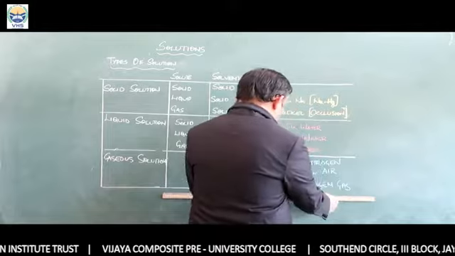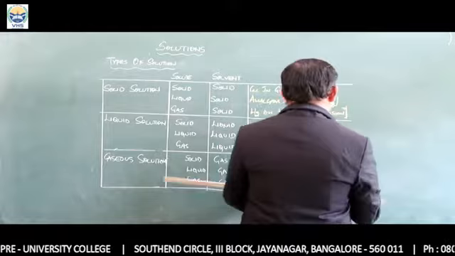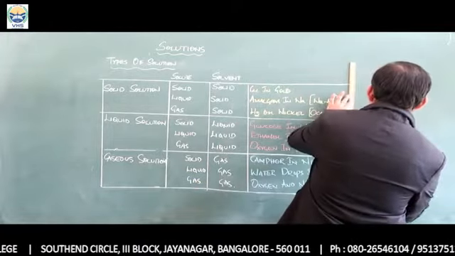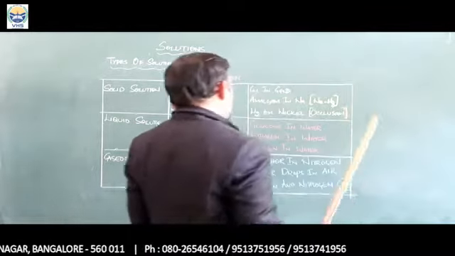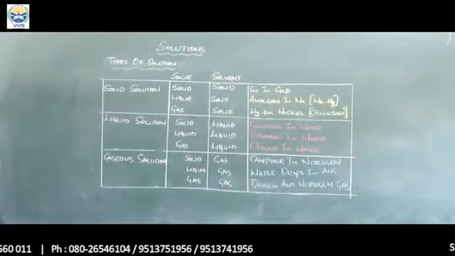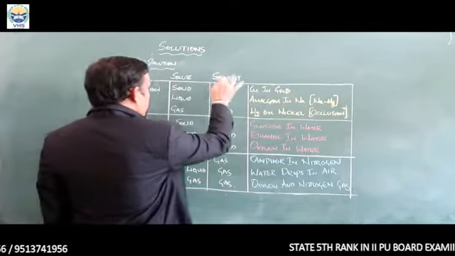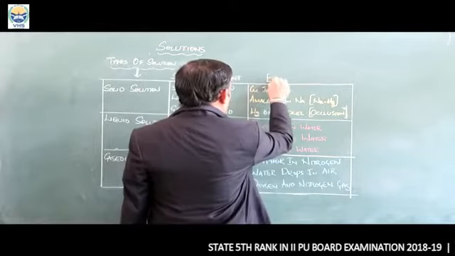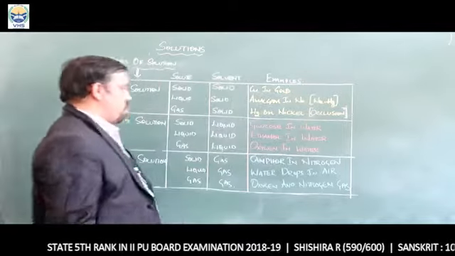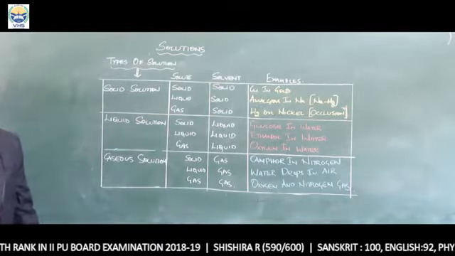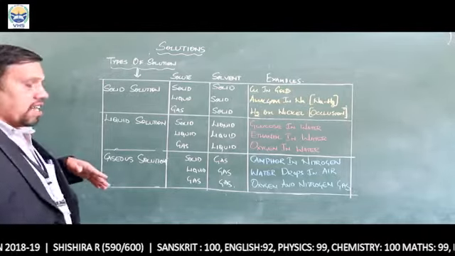You can just go through here. So here you can just consider what type of solution, the solute, the solvent, and examples. Fine. So three types of solution, namely solid solution, liquid solution, and gaseous solution.